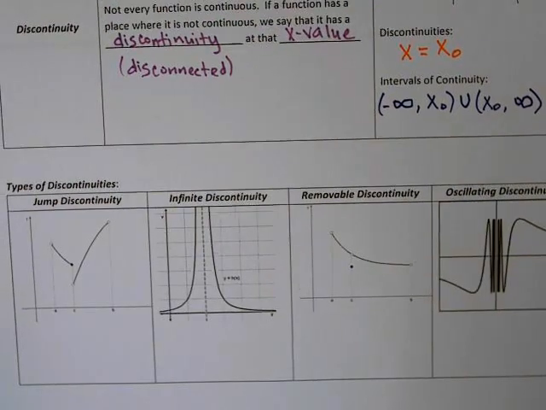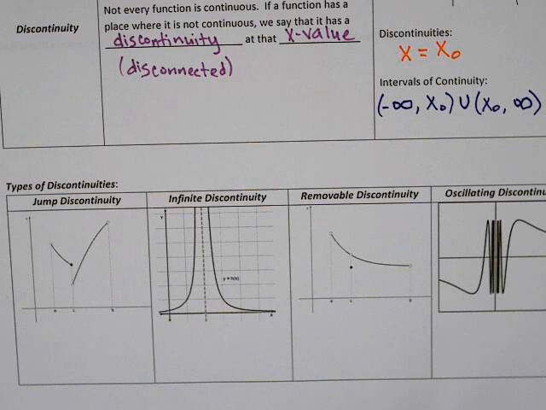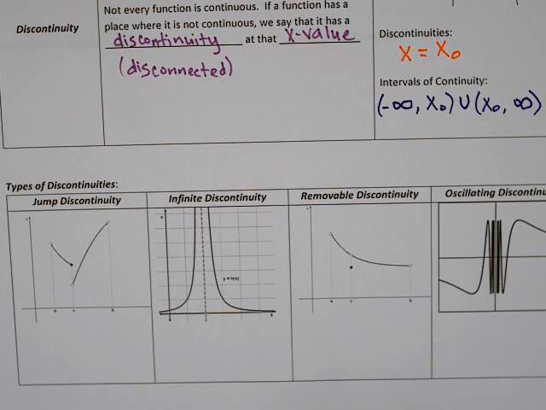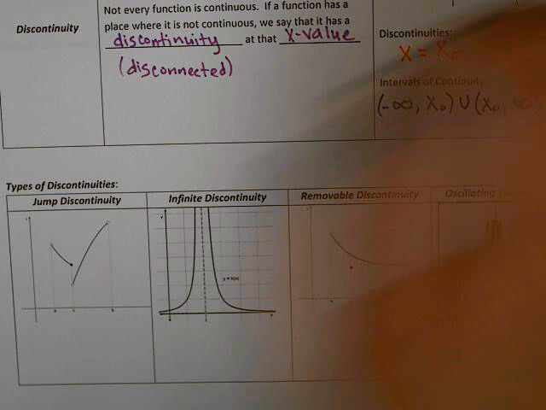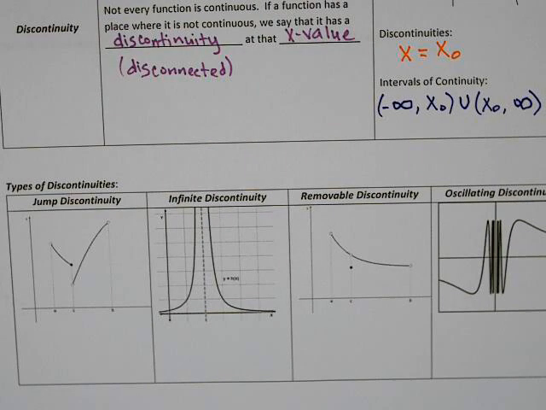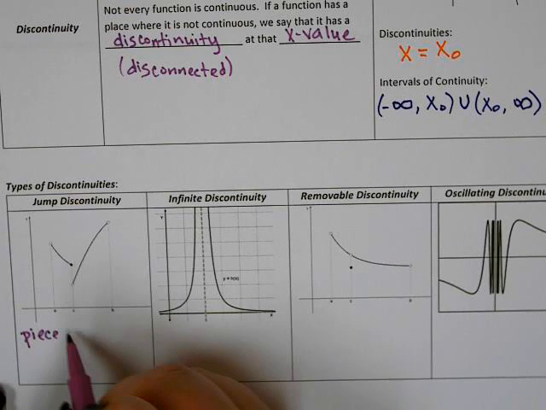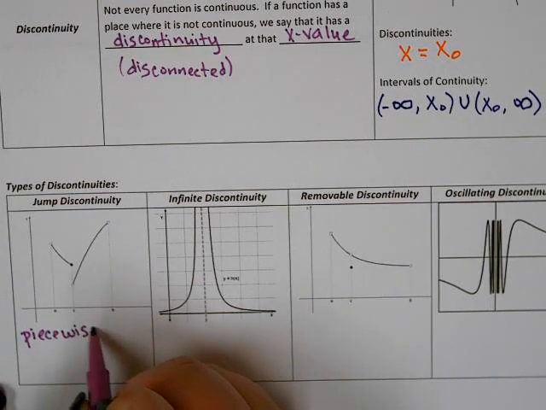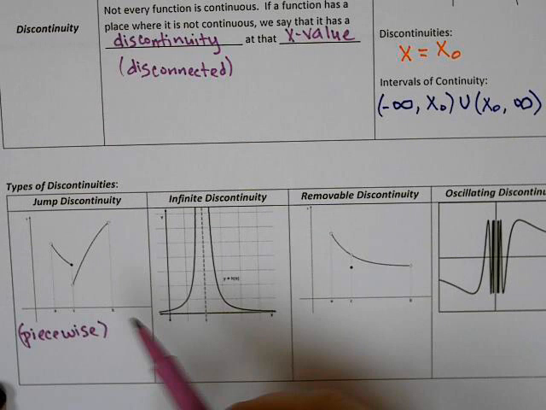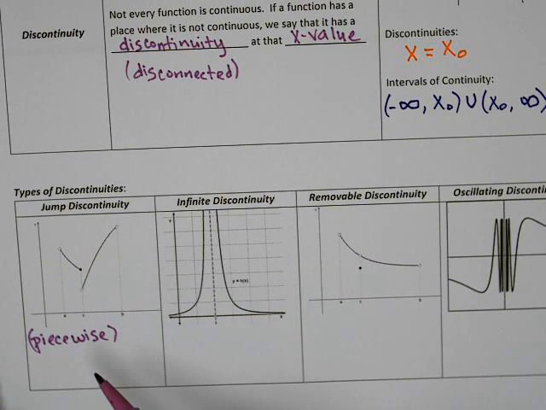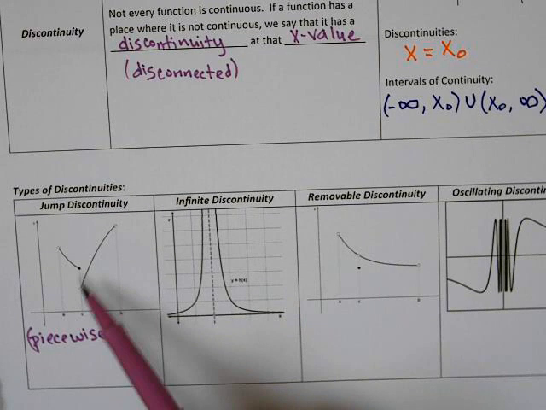So we have four major types of discontinuity that we talk about. This first one is called a jump discontinuity. Most of the time, if we have a jump discontinuity, it's probably a piecewise function, and somewhere at the breaking point, the pieces weren't equal to each other. When we look at this jump discontinuity, we can clearly see they're not connected.